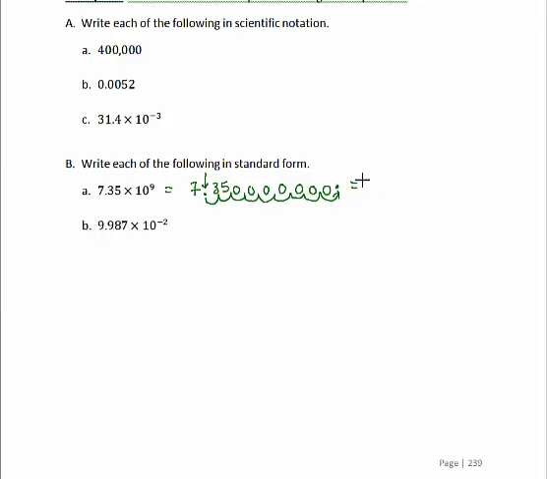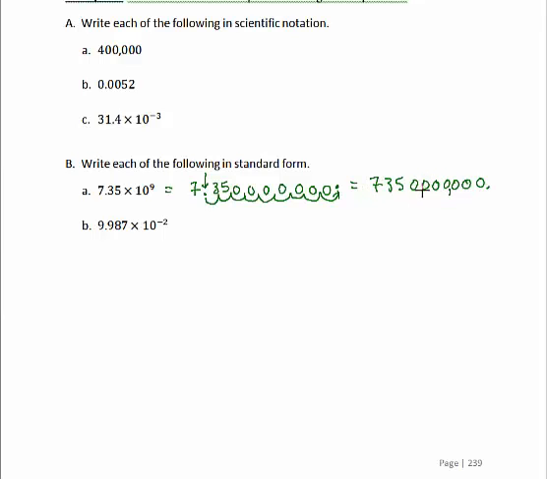So let's write this out with all of the arrows and the loops. 735 with 1, 2, 3, 4, 5, 6, 7 zeros, and now our decimal point's there. Well, what is the word name of this number?